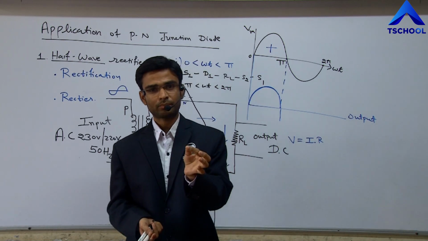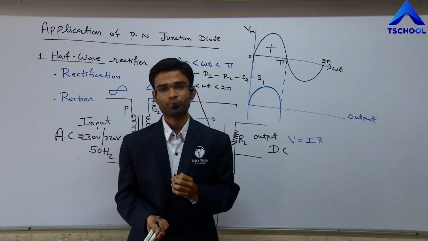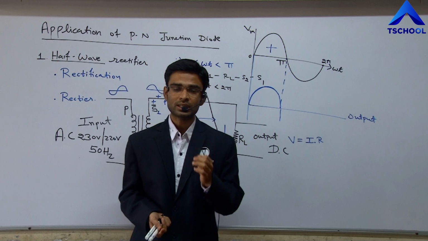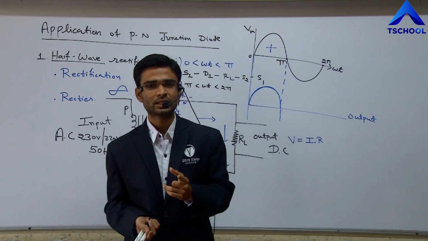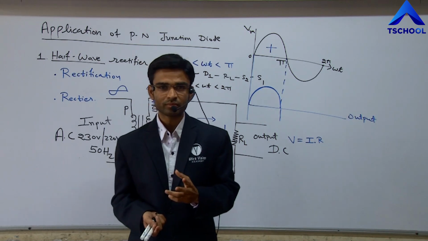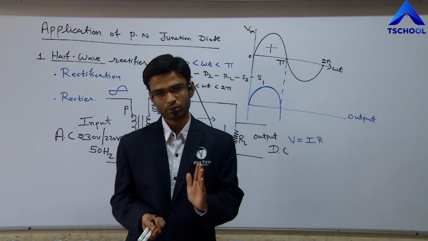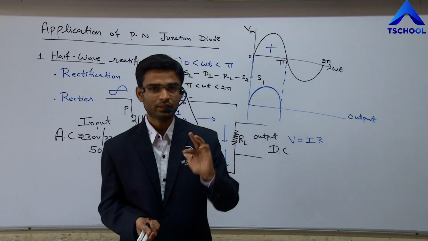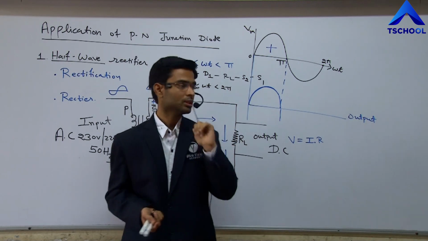A minor current flows in the reverse bias mode because of the minority charge carriers, which are very few in the P section and N section, and that current is approximately 0. That's why in the reverse bias mode the current flows approximately 0.